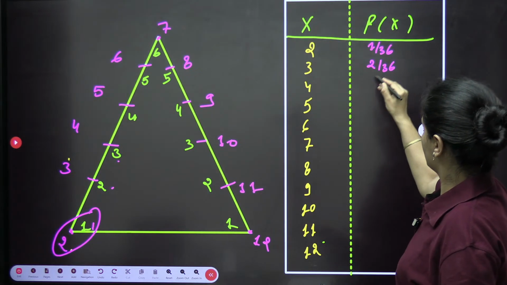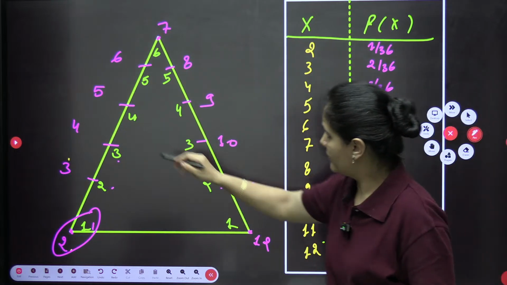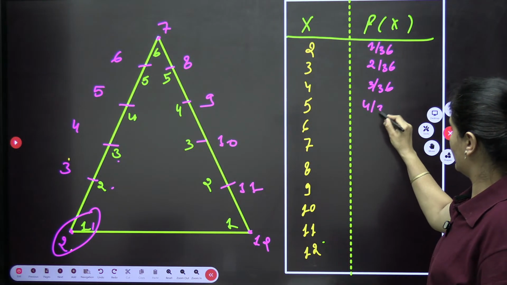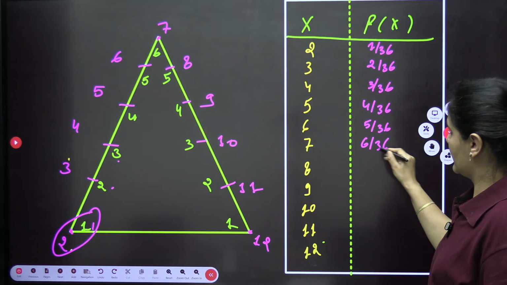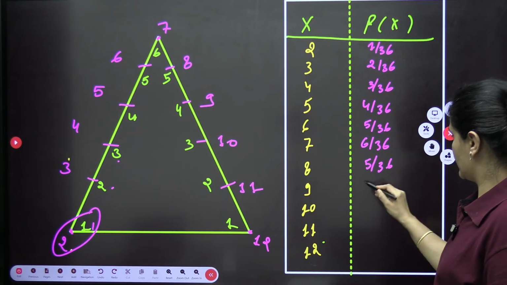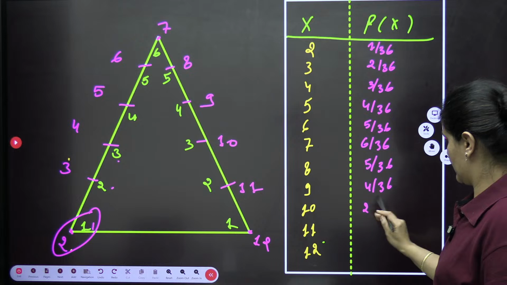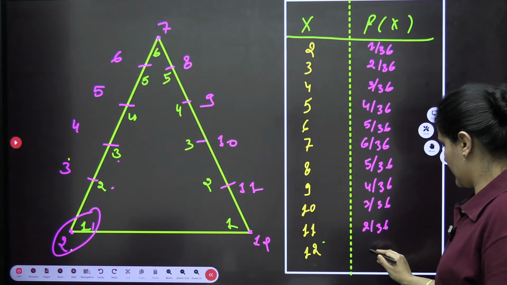Then that is 4 by 36, 5 by 36, 6 by 36, and again it repeats: 5 by 36, 4 by 36, 3 by 36, 2 by 36 and 1 by 36.